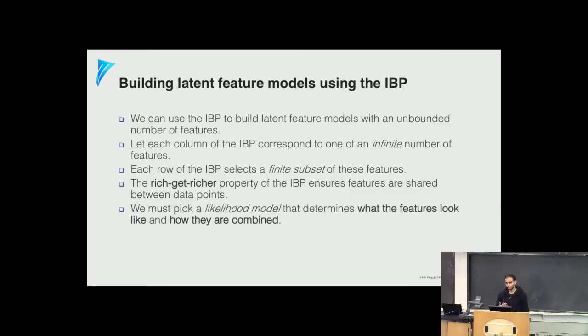So IBP can be used to build these latent feature models where the number of features is infinite, and just using this construction, sampling the Z matrix and then multiplying it with the corresponding weight matrix, we'll arrive at our factorial model with an infinite number of components.